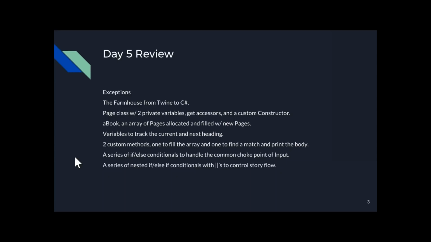Now, we could have just as easily said debug.log of this book sub this page dot body, up there inside start, and we could have done the same thing inside update in a number of spots. But the idea is we want to wrap up this functionality so it only ever has to be written once. That way, if we ever decide to change this stuff in the future, we just have to change it in one spot, and those changes propagate through the rest of our code.